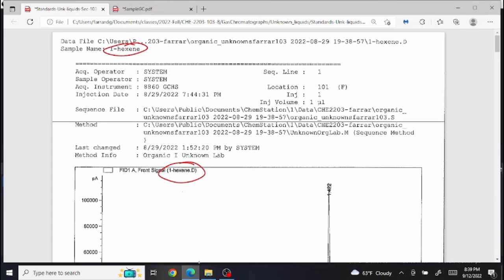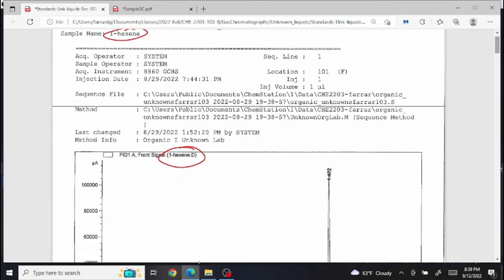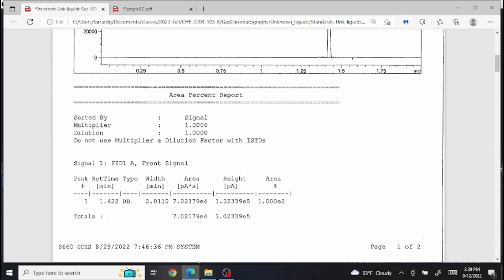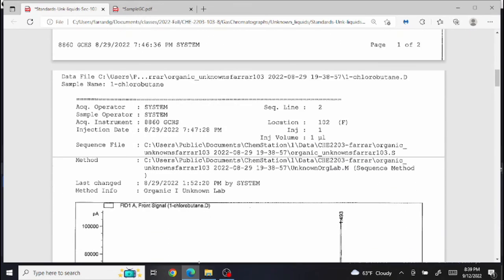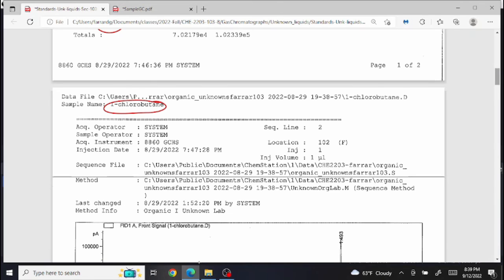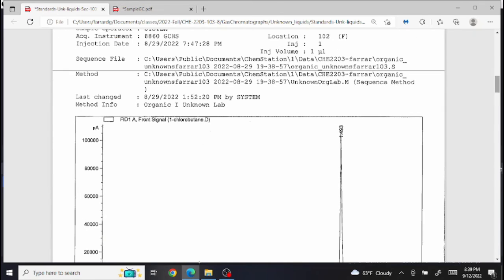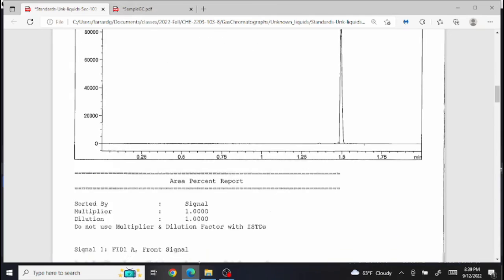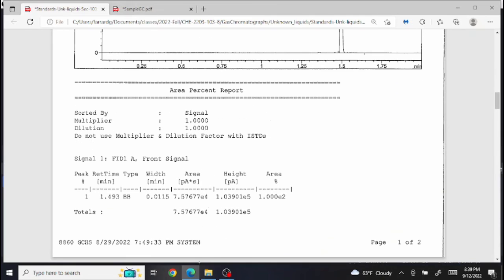It's also at the very top of the page, but this has a retention time of 1.4, not 1.599 or 1.6 minutes. So this is not a good match. We scroll to the next one, the 1-chlorobutane. You can look at the retention times here, 1.49, so we're still quite a bit off, 1.49 minutes.